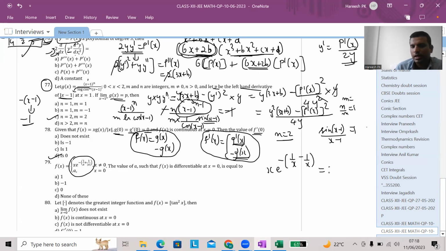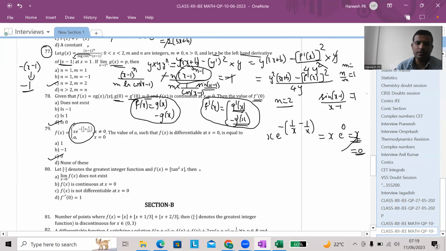So this is x e power 0, which is x. Now as x tends to 0, the value of the function will be 0. So that means a also should be 0. Only then it will be continuous. And only when it is continuous, it will be differentiable also. So the answer is a has to be 0.